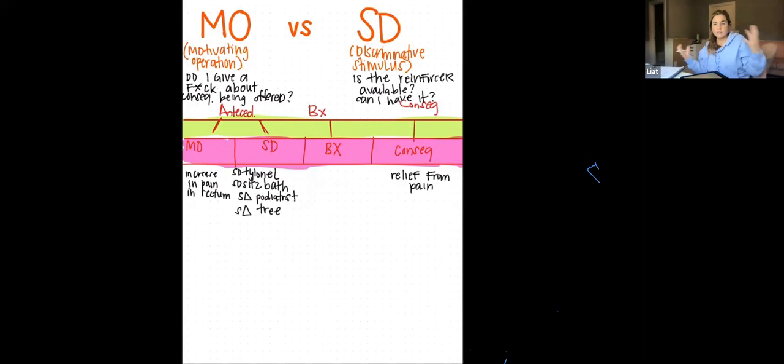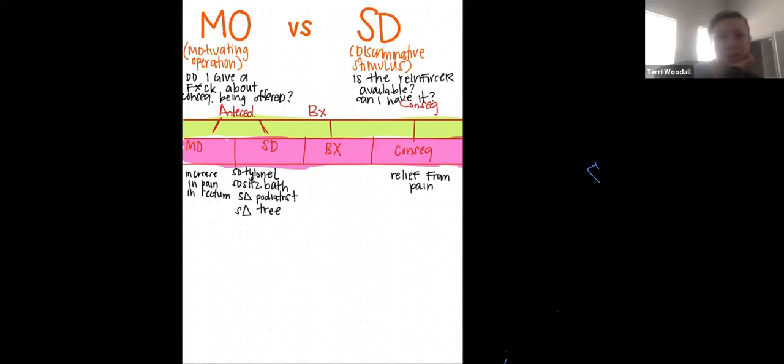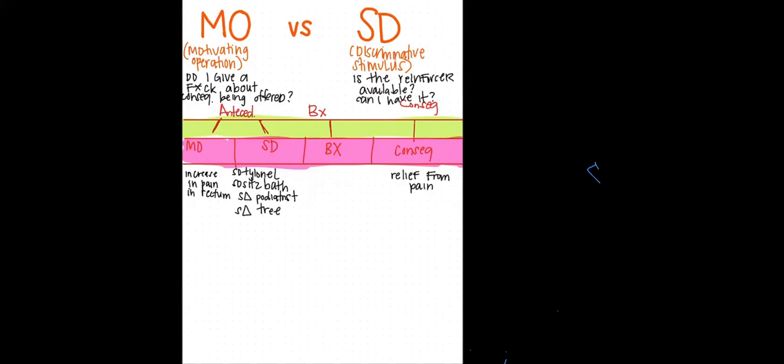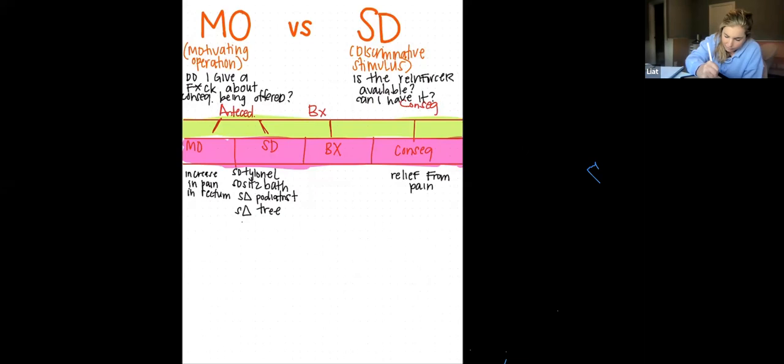Now, someone who has this pain, who never cared before about finding out who's the doctor who works with buttholes, suddenly cares. Anyone know what the doctor is called who works with buttholes? Is it a proctologist? You are brilliant, Terry. Was that you who said it? Yes. Get it, girl. All right, so another SD would be a proctologist.